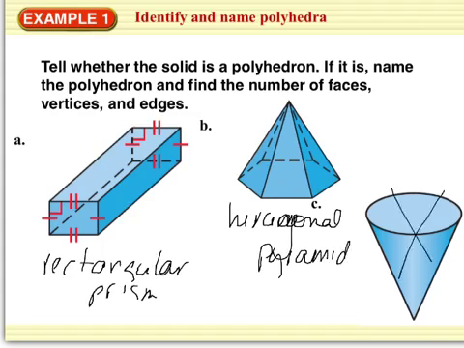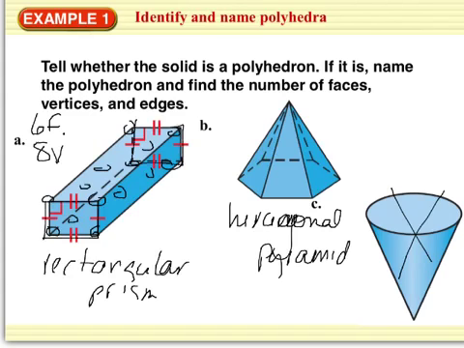So in A, I've got 6 faces, 1, 2, 3, 4, 5, 6, 7, 8 vertices, and 1, 2, 3, 4, 5, 6, 7, 8, 9, 10, 11, 12 edges.